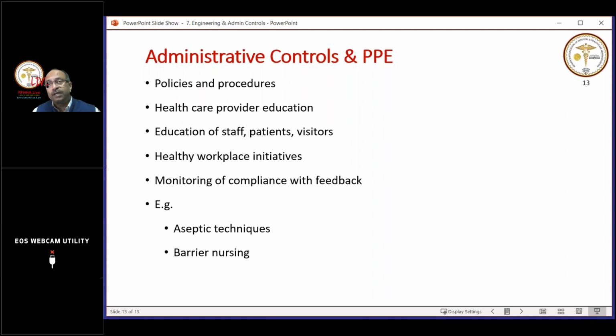Similarly, there can be other initiatives where we create healthy workplaces. Monitoring of compliance and feedback is an inseparable part of every administrative control, because you will need to continuously monitor and track it to ensure that the methods you have defined are effective.